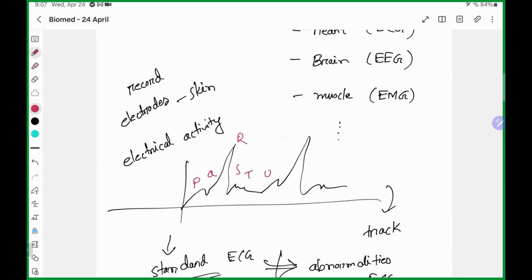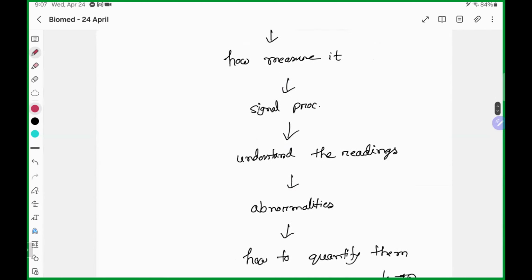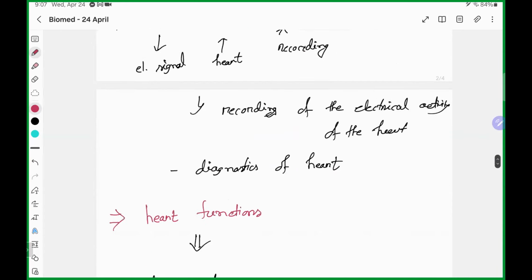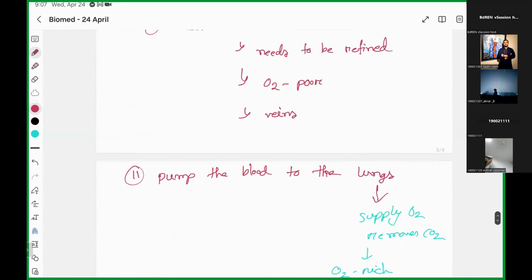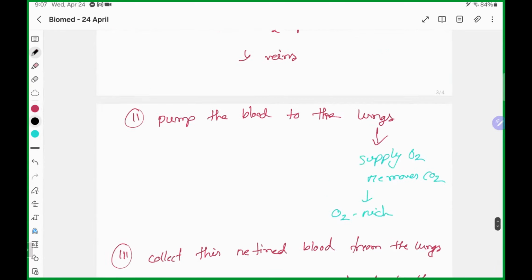PQRST is one convention. You will see how this whole process relates to the ECG reading. We'll understand the readings a little bit later. Any question?